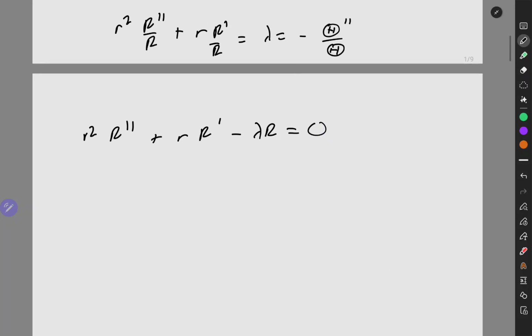For the other one, multiply the whole thing by Theta, so multiply lambda by Theta, and move this term over, so that becomes positive Theta double prime plus lambda Theta equals 0.